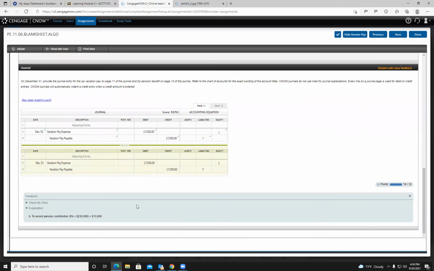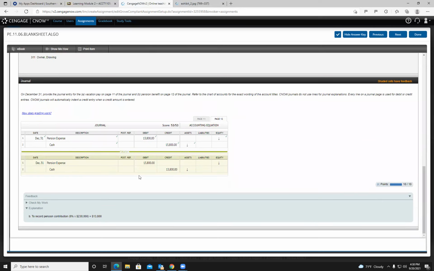Now to record the pension contribution, basically that would be 6% of the 230,000. And that journal entry, you would also record as a pension expense, but this time you're paying it, so you're going to offset it with a credit to cash.